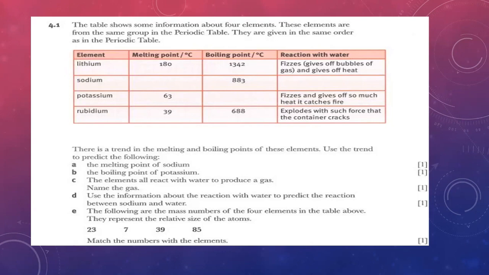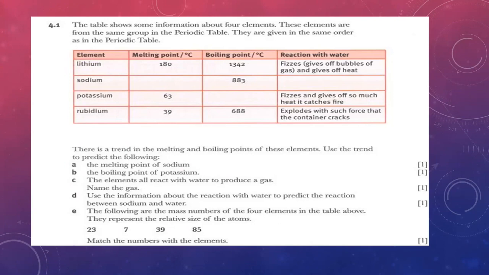Use that trend to predict the following. Predict the melting point of sodium from this table. When you look at that trend, you can conclude the value of the melting point of sodium. Suggest, predict.